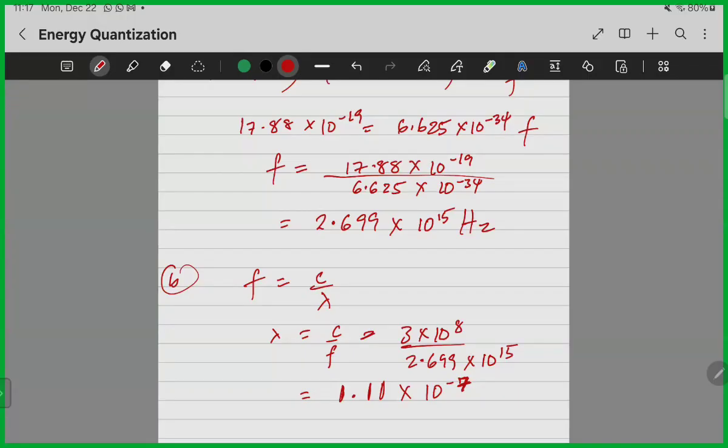We'll call that lambda. That will be in meters now.